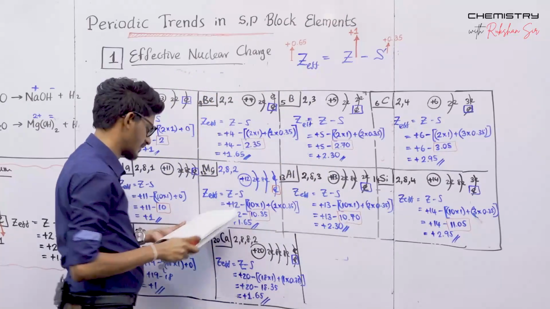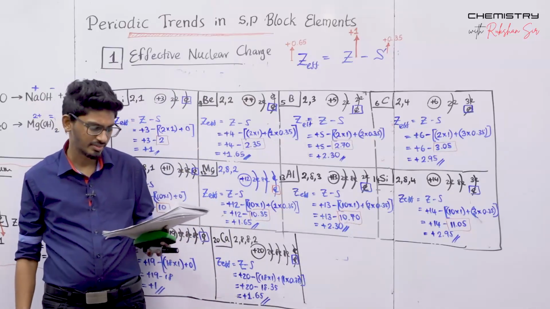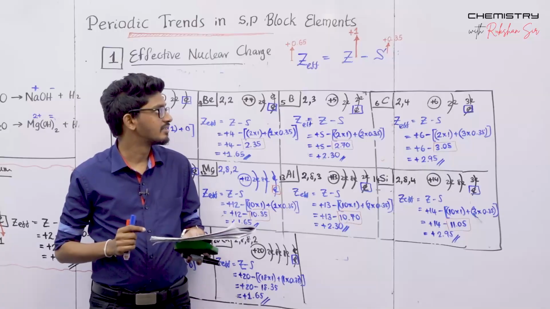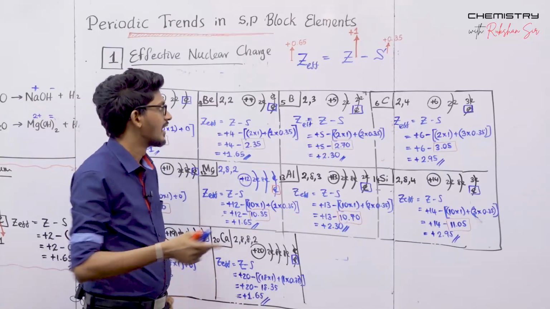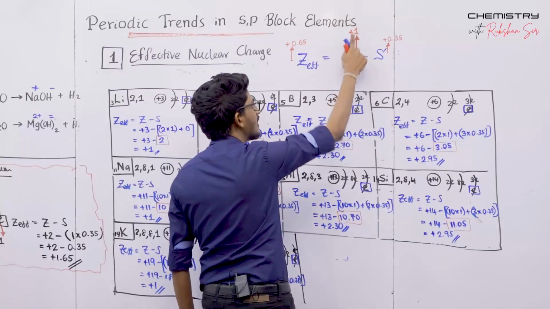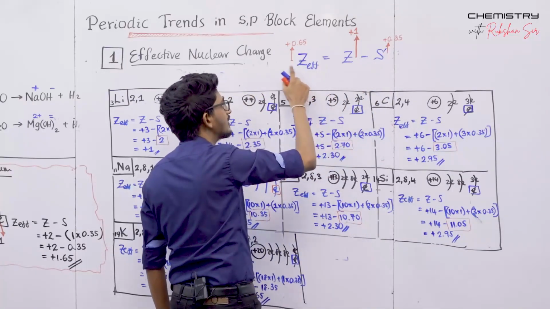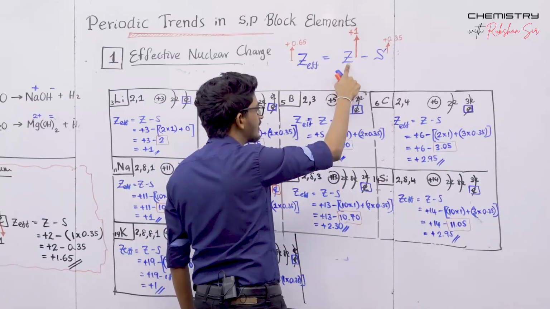So that is the idea. You can write within brackets: as increment of Z is greater than the increment of S. That is the reason, that is why the effective charge increases.